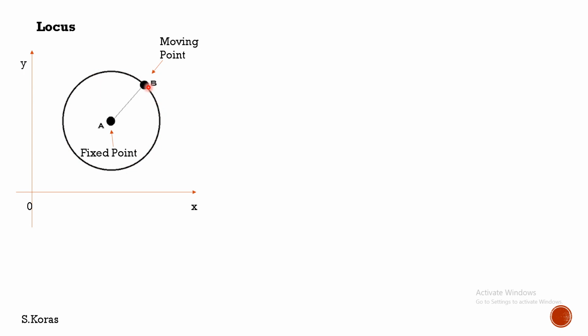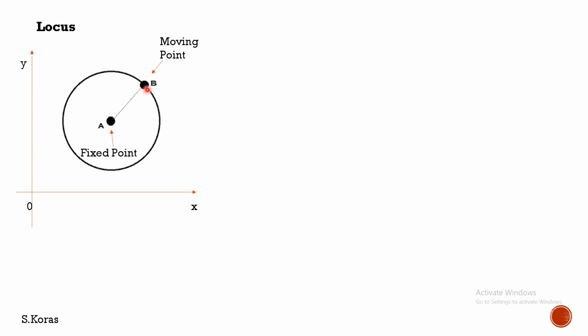In another way, we can say, here there are so many points on the circle. So locus is nothing but the set of all points which satisfies some geometrical condition. So in these two ways we can say. In one way, it is the set of all points which satisfies some geometrical condition.